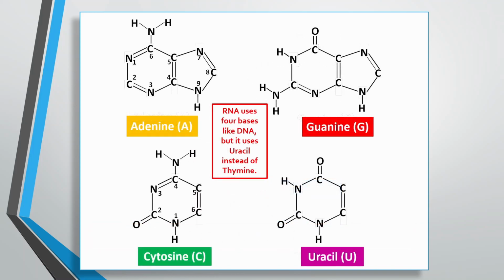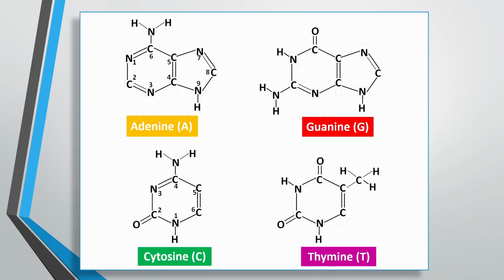RNA contains 3 of the 4 same nucleotides as DNA, with one exception, that being T. RNA does not use T. RNA utilizes uracil, which is U, instead of T, which has an almost identical structure with one noted exception. Here are the 4 DNA bases, which includes our T, and you see that CH3 right there.